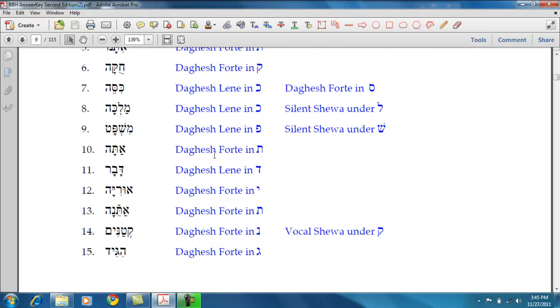Okay, now let's get down to number 11. Number 11 is davar. The dagesh in the dalet is a lene because it's a begadkefat letter and it's not following a vowel. Uriah: the dagesh in the yod here is a doubling dagesh because it's a non-begadkefat letter.